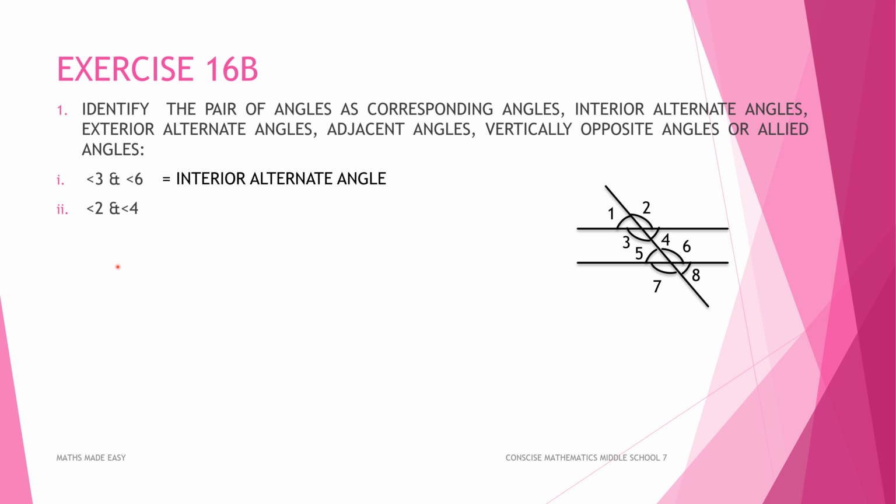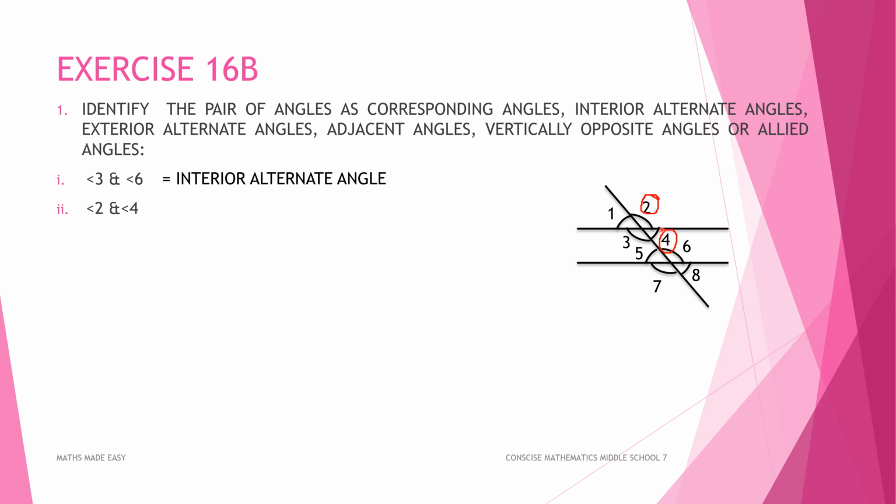This is angle 2 and angle 4. They're asking what is the pair of angle between angle 2 and angle 4. Let me circle so that you can understand it clearly. See, angle 2 and angle 4. Just have a look. See, it is just next to each other. 4 is just beside this 2, that is next to this 4.